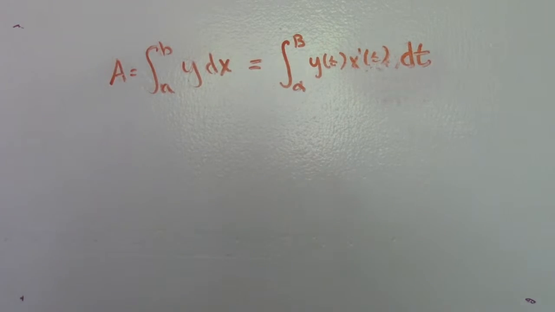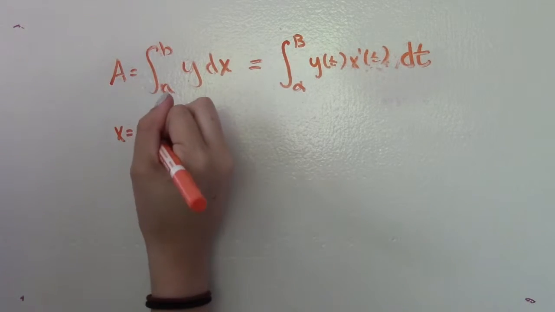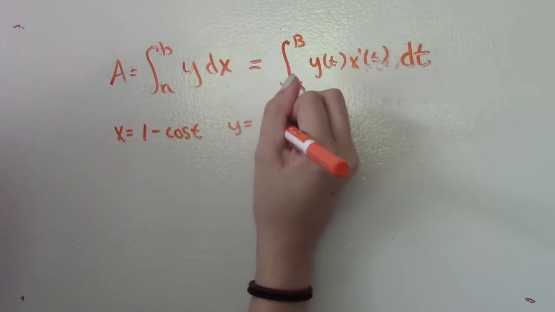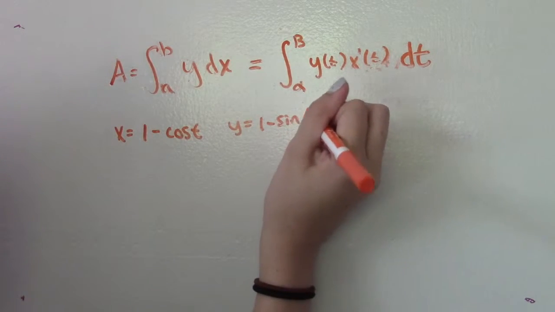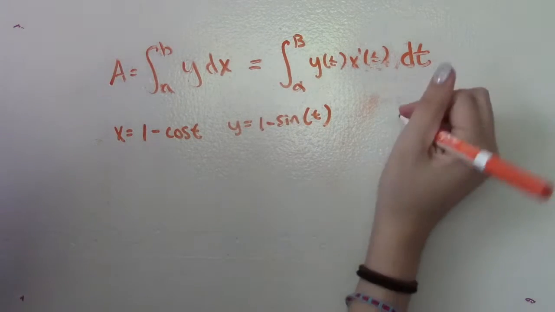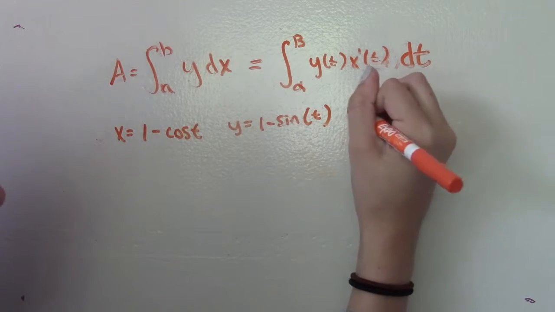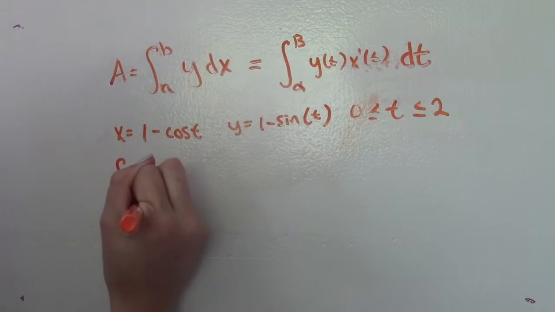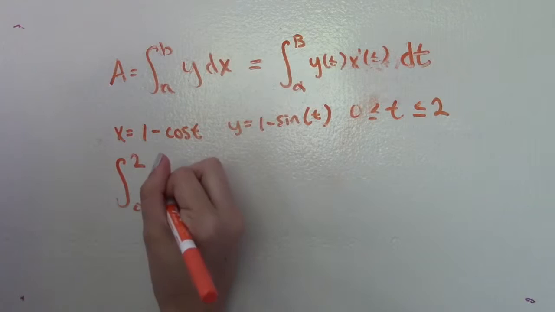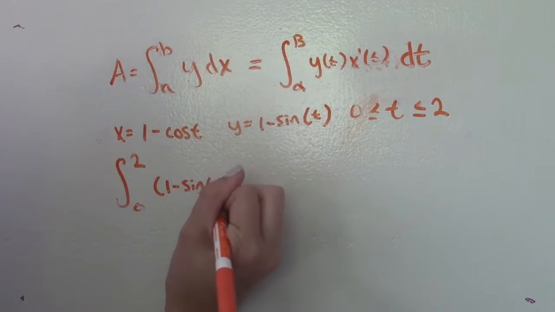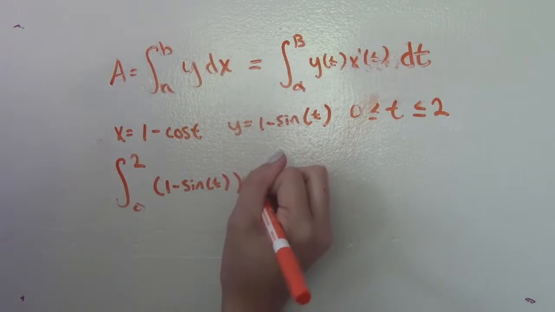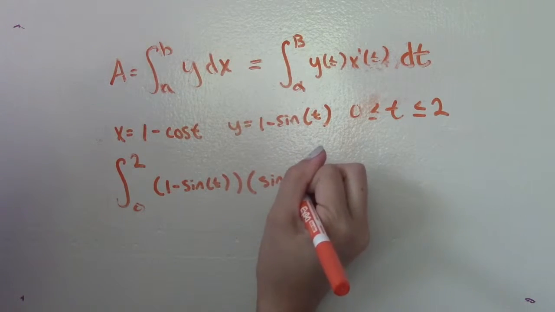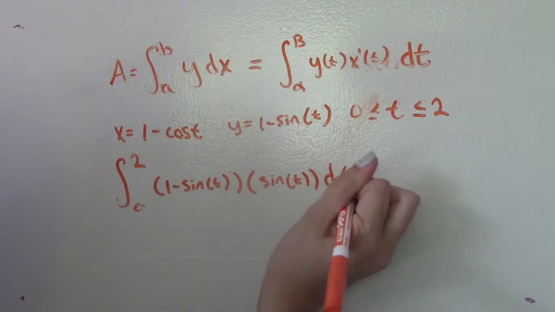So now if we have x equals 1 minus cosine t and y equals 1 minus sine of t, then the area from t between 0 and 2 is going to be the antiderivative from 0 to 2 of 1 minus sine of t multiplied by sine of t with respect to t.